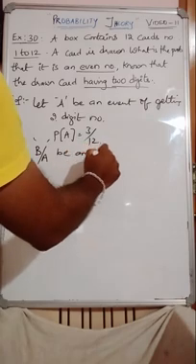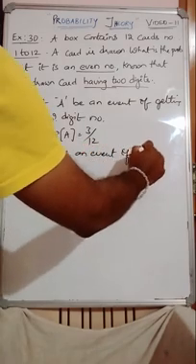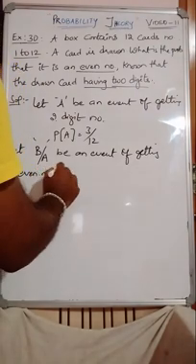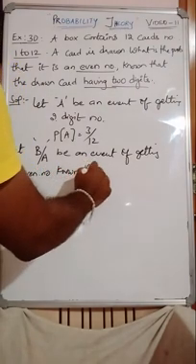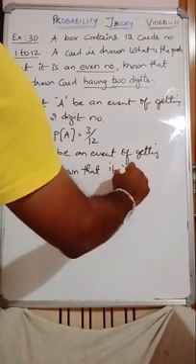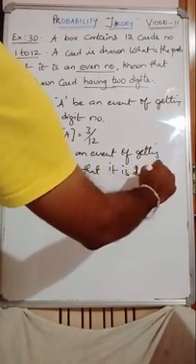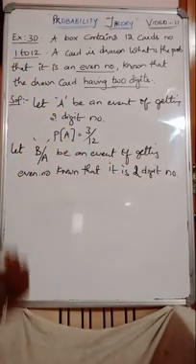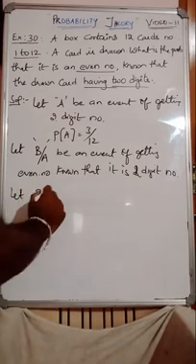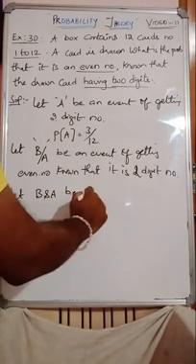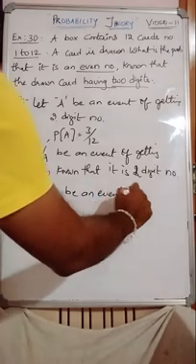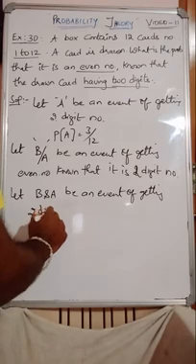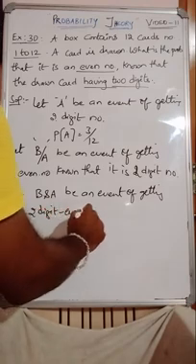Let B be an event of getting an even number, known that it is a 2-digit number. Right? Next, let B and A be an event of getting a 2-digit even number.